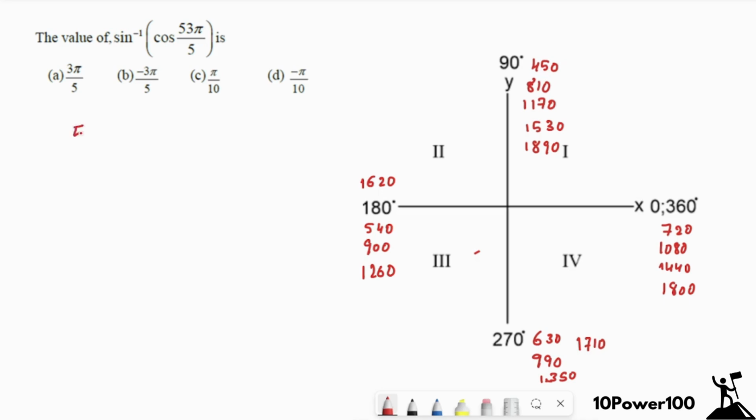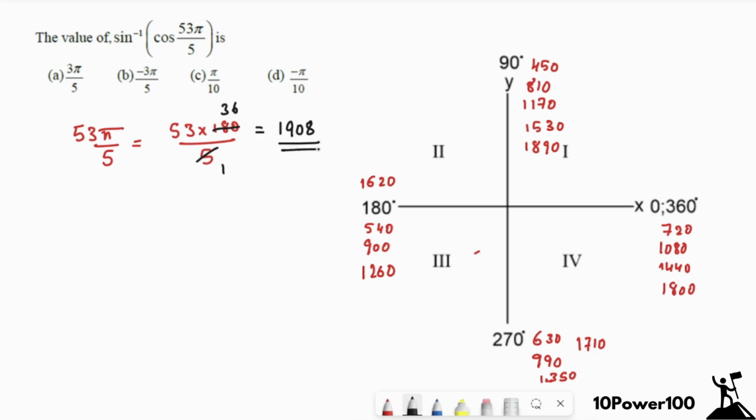Let's see the 53 pi by 5 value. It is 53 into 180 whole divided by 5. 5 36s are 180. So 53 into 36, if you multiply, we get 1908.